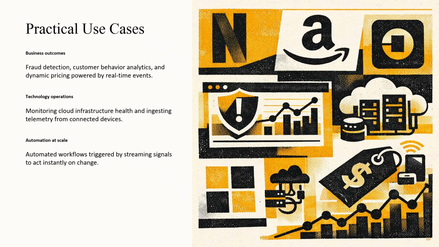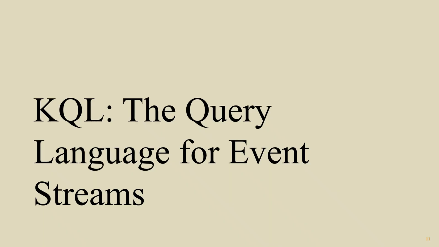So, coming to the practical use cases, we know that businesses leverage event streams for fraud detection, customer behavior analytics, and dynamic pricing strategies. Technical use cases include monitoring the cloud infrastructure health, real-time telemetry ingestion from connected devices, and enabling automated workflows based on streaming triggers.